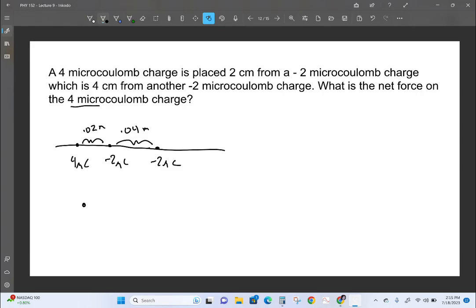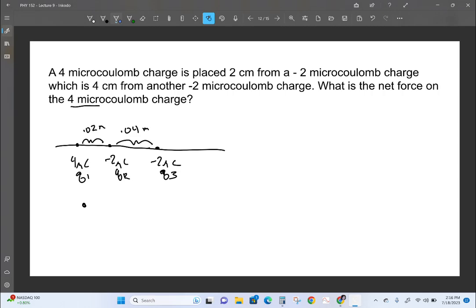So let's just draw a diagram here. This one's going to be Q1, this one's going to be Q2, and this one's going to be Q3. All right, so the first vector we're going to show is that Q2 is going to be attracted to Q1, right?